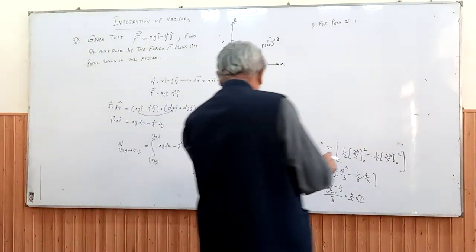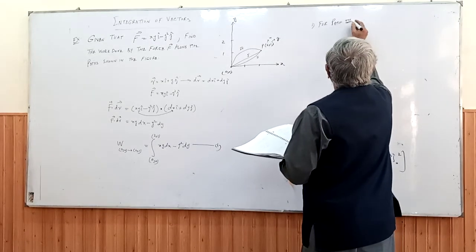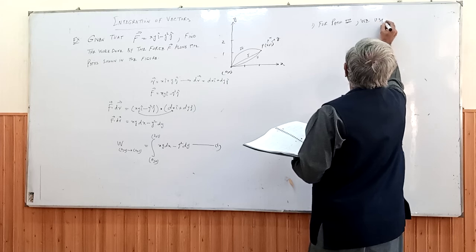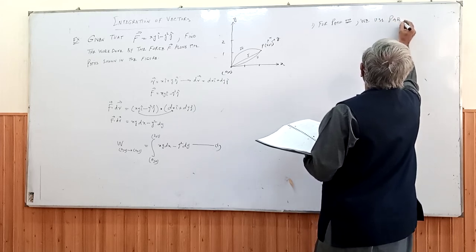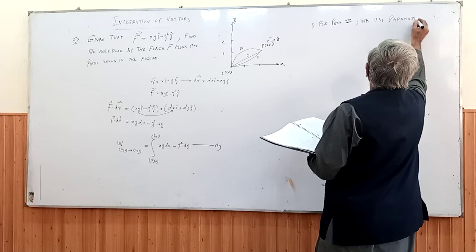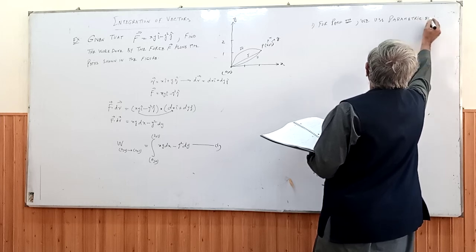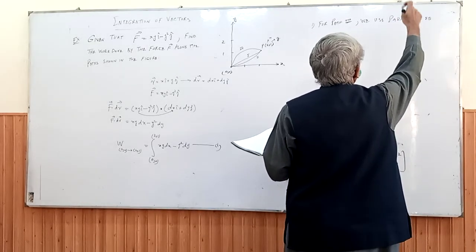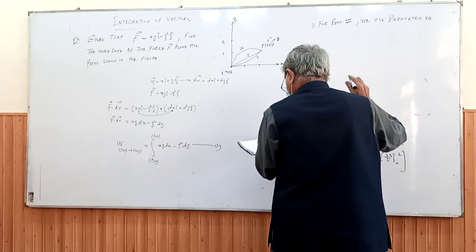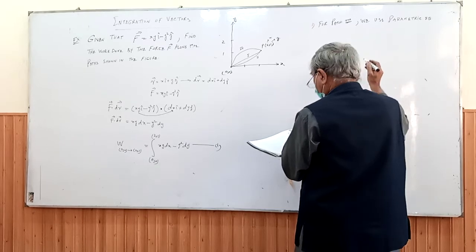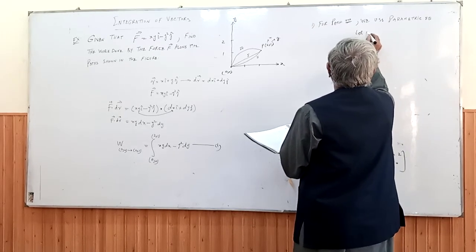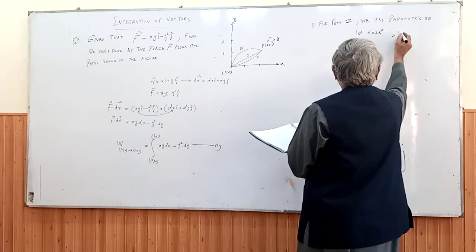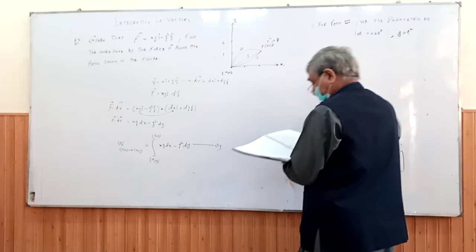Let's say for part 3rd we use a parametric equation. Again I am telling you that this parametric equation will be given to you in the problem, and in this case we use, let x is equal to 2t cube and y is equal to t square.